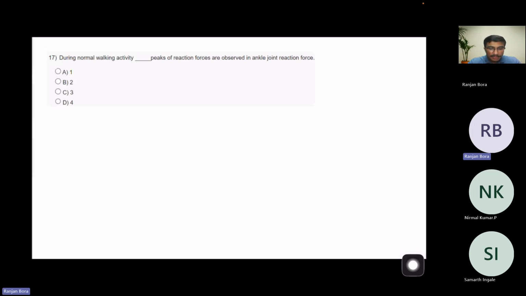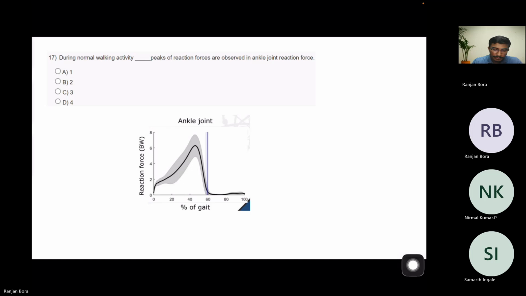And what is the answer for this question? Yeah, 2. So can you tell me at what percentage of gait we are seeing those 2 peaks?